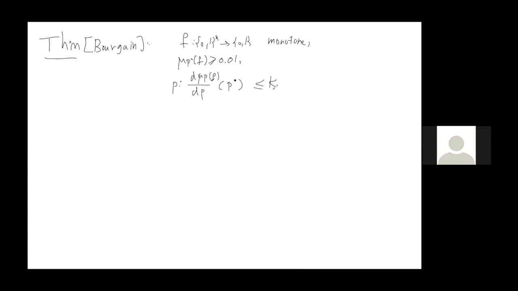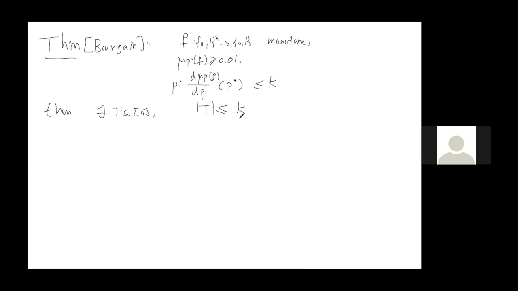Then what Bourgain shows is that in this case, you have some local structure. There exists a small set of variables T, let's say of size smaller than k.